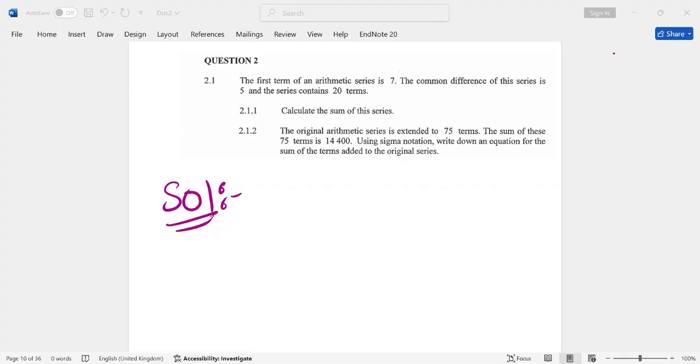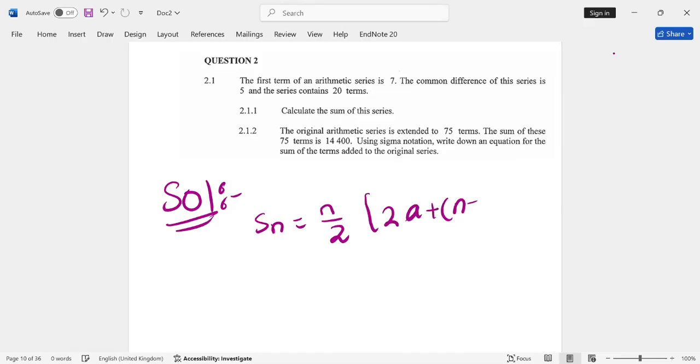For the sum of an arithmetic series, we use the formula Sn equals n/2 times (2a + (n − 1)d). We have n equals 20, a equals 7, and d equals 5.